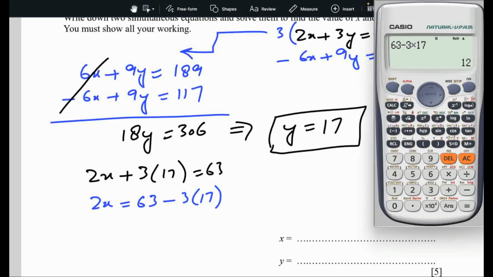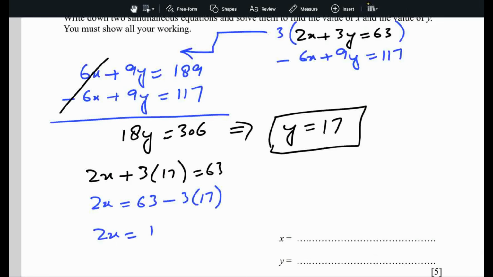So this will be equal to 12. So 2x is equal to 12, x will be equal to 12 by 2, which means 6. So x will be 6 and y will be 17.